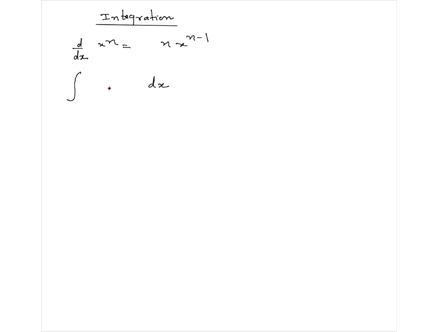But there is little problem here. Say for example, d dx of x square is 2x. That means integration of 2x would be x square, right? But d dx of x square plus 5 is also 2x, isn't it?